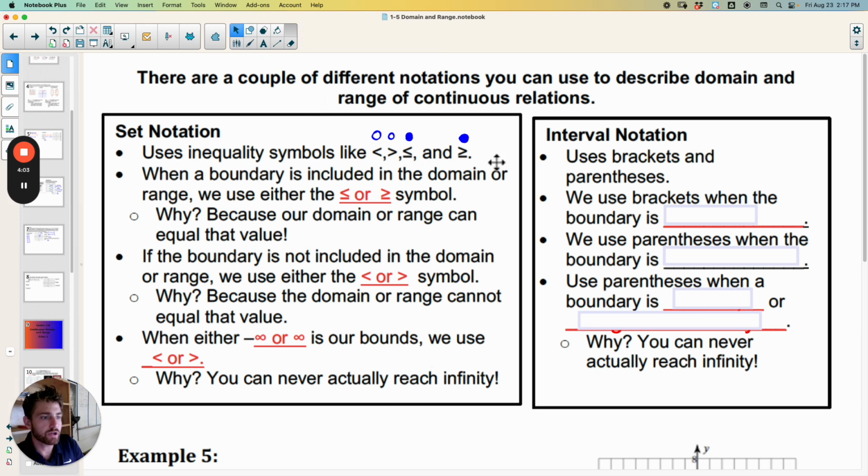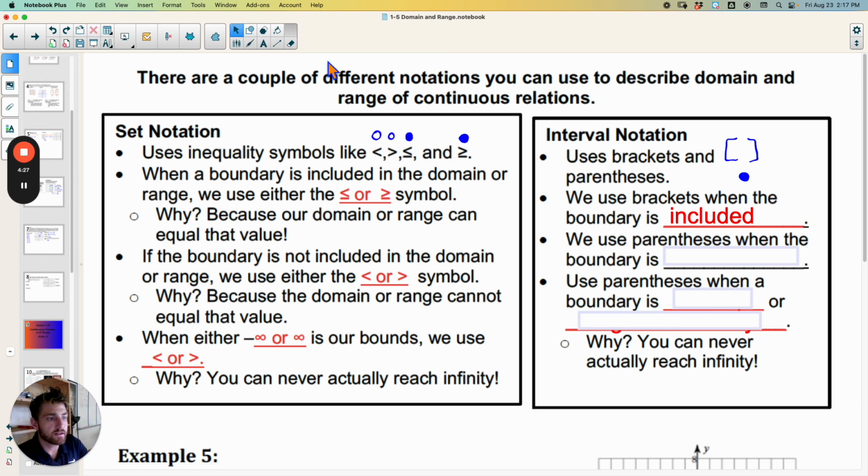Okay, so now let's talk about interval notation. We are going to use brackets when the boundary is included. So these are what brackets look like. This is when you have a filled in circle on your graph, or like continuous on the graph with no breaks.